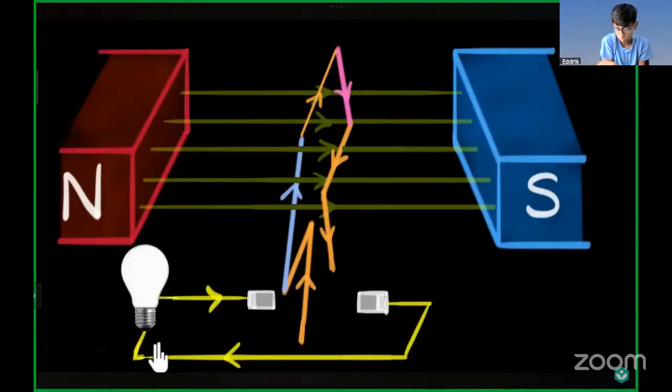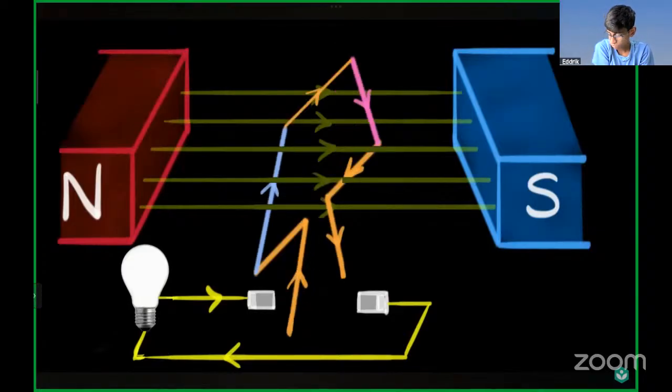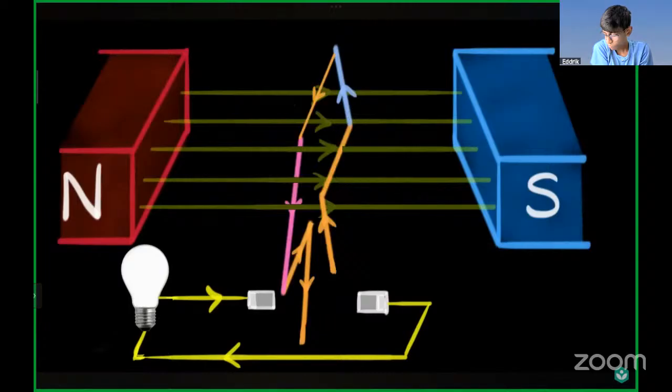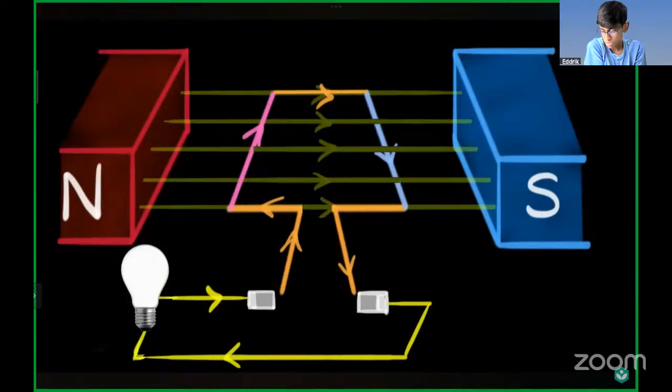To maintain the current in the same direction, we would now require this brush to come in contact with this wire, the blue side. Then again, once we come to this position, the current flips, and we would want this brush to come in contact with this side. So for every half a rotation, we would want the contacts to keep changing. But how do we make sure that happens automatically?